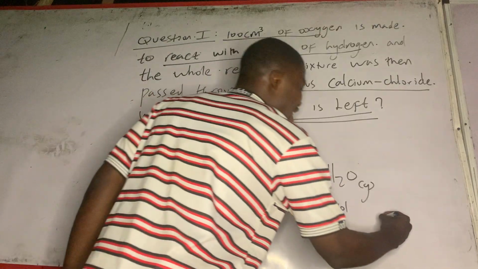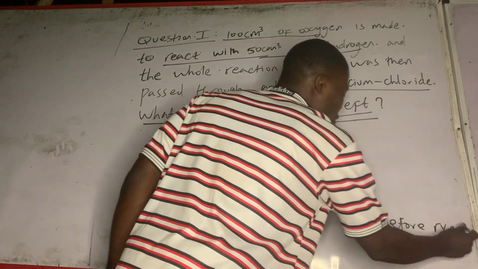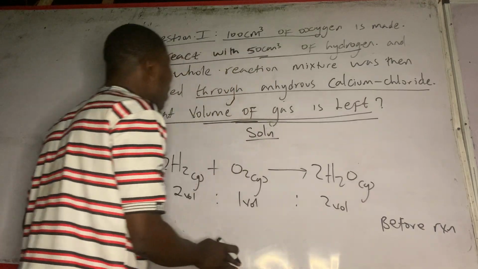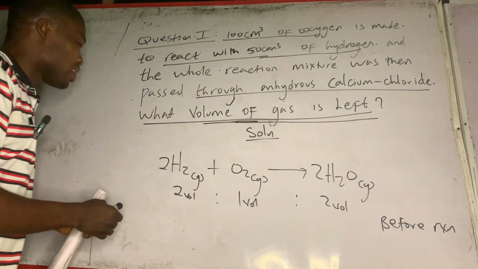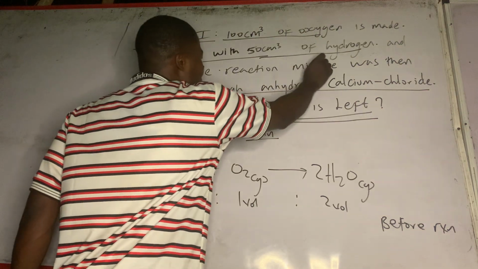Now, before reaction, we do certain rituals for Gay-Lussac's law. We just say before reaction or before spark, what was the quantity that was made to react? 100 cm cube of oxygen is made to react with 50 cm cube of hydrogen.